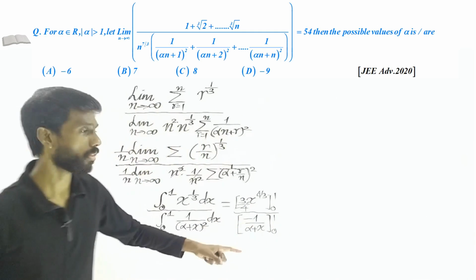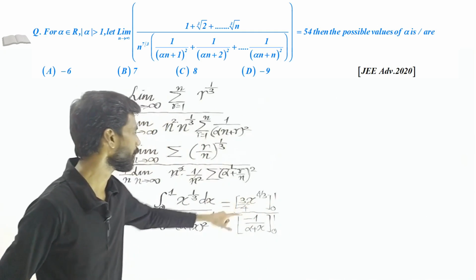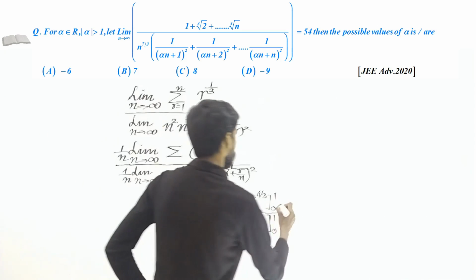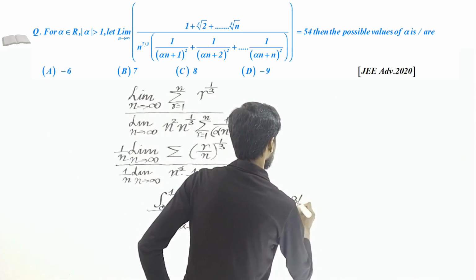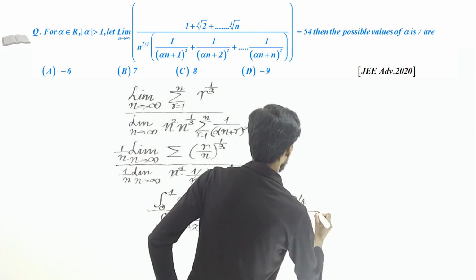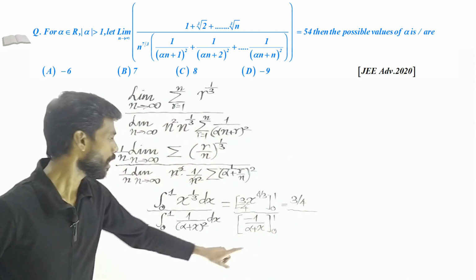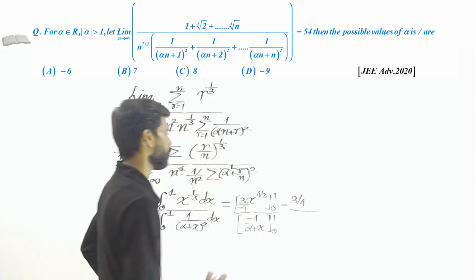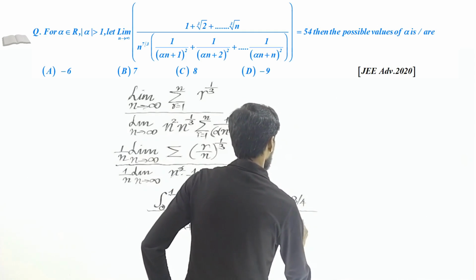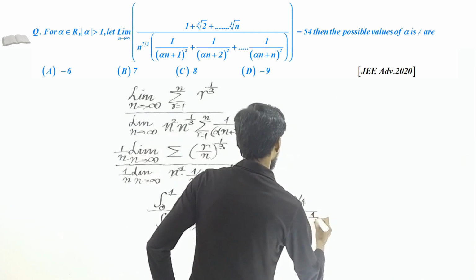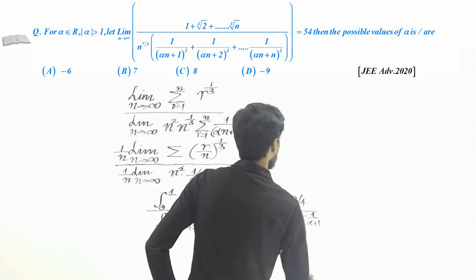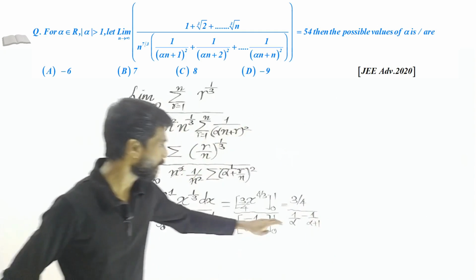Simplify this. Just substitute 1 here, so we'll get just 3 by 4. So the numerator is simply 3 by 4. Denominator: if you substitute the limits, substituting 0 gives 1 by alpha, so 1 by alpha minus 1 by alpha plus 1. So this is the limit.